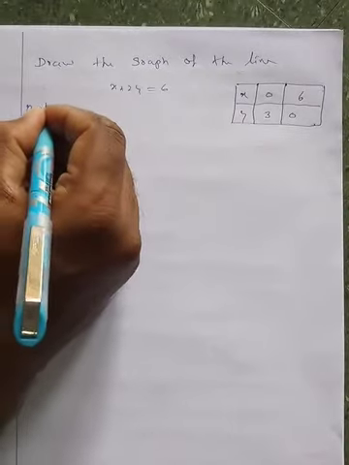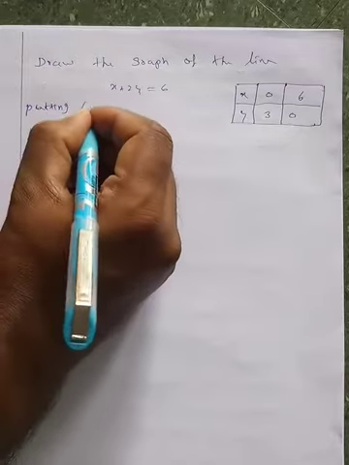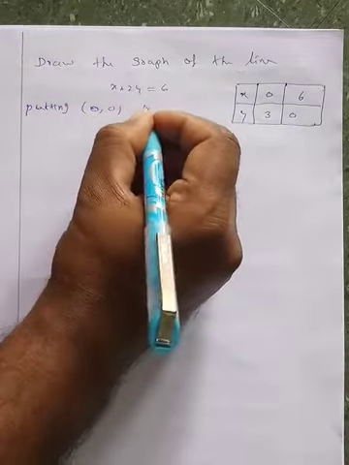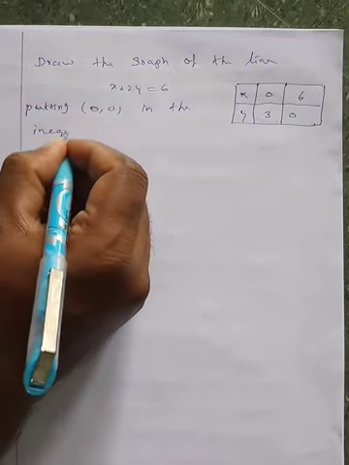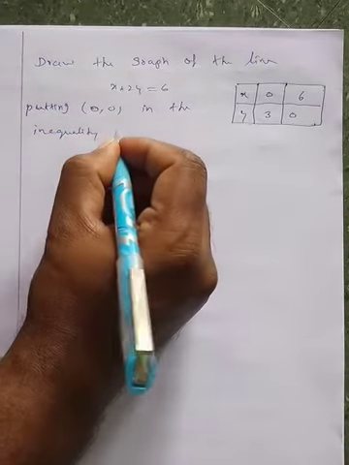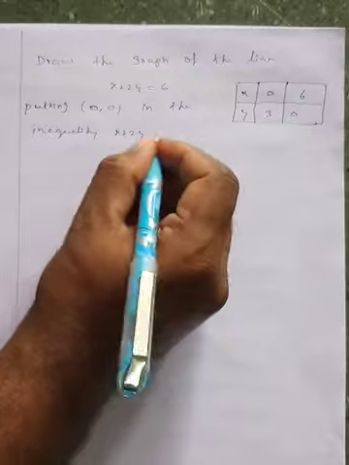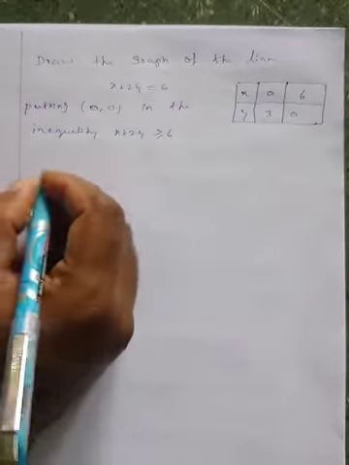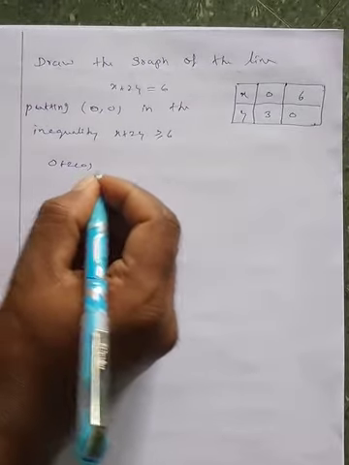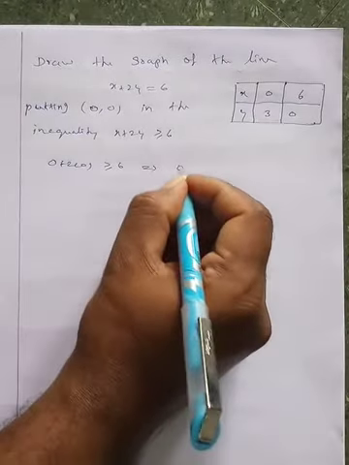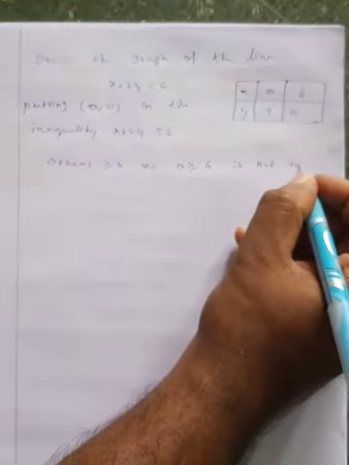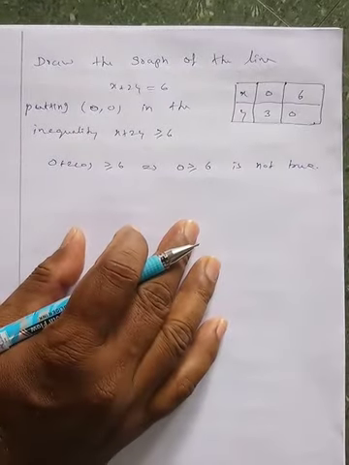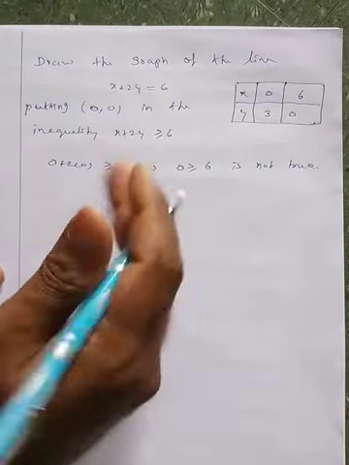Now putting (0, 0) in the inequality x plus 2y greater than or equal to 6: 0 plus 2 into 0 greater than or equal to 6 implies 0 greater than or equal to 6, which is not true.